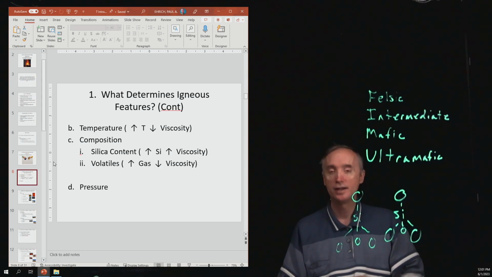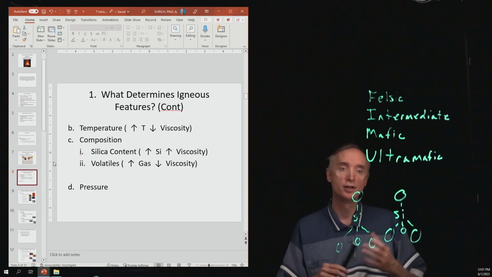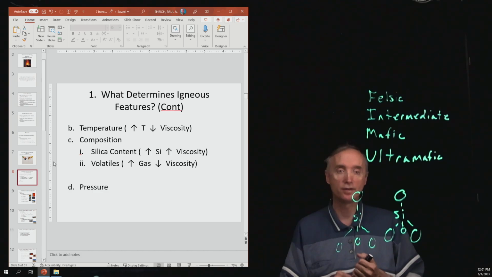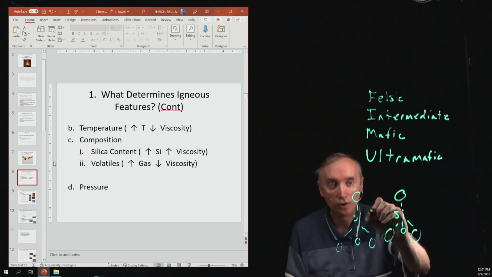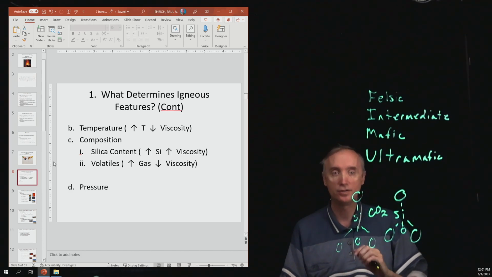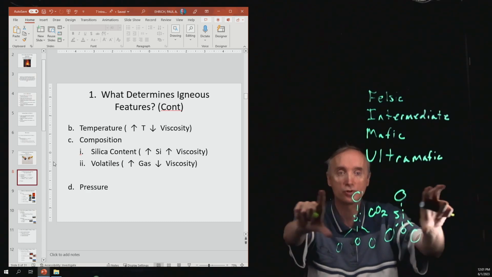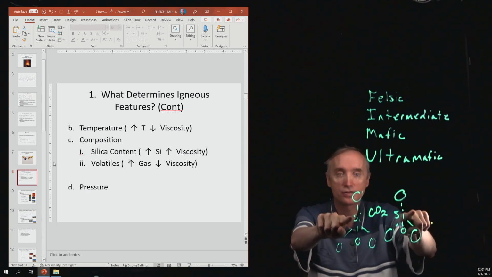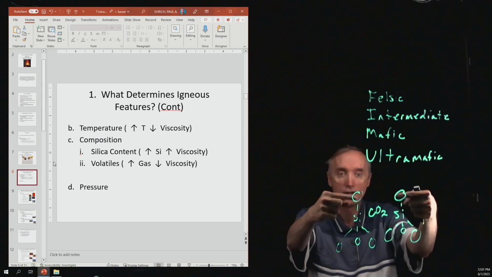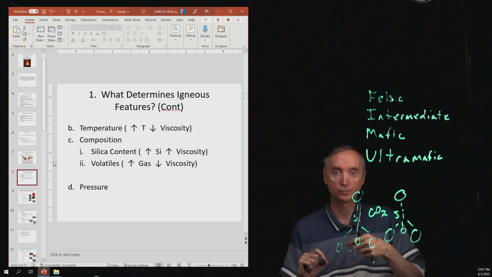Now, if the lava has gas in it, that decreases the viscosity. Let's say that one kind of gas that's in magma is carbon dioxide. Can you see that that gas would push apart those silica tetrahedrons so that they don't have a chance to hook up to each other?